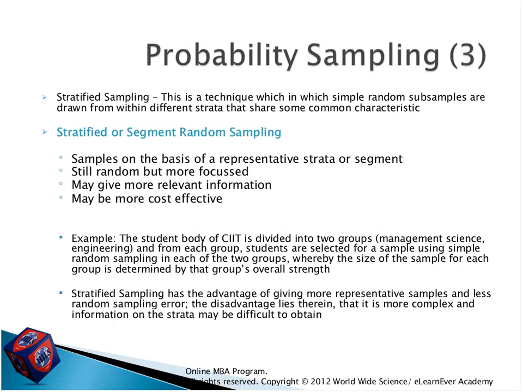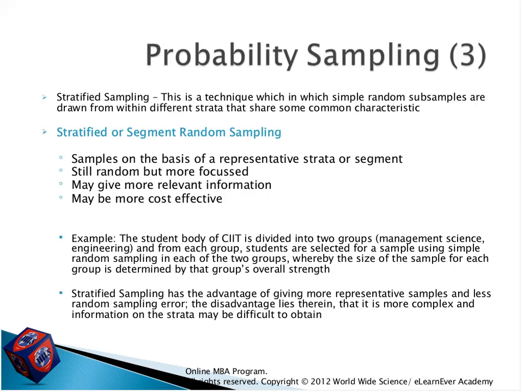Another method under probability sampling is stratified sampling. This is a technique in which simple random subsamples are drawn from within different strata.